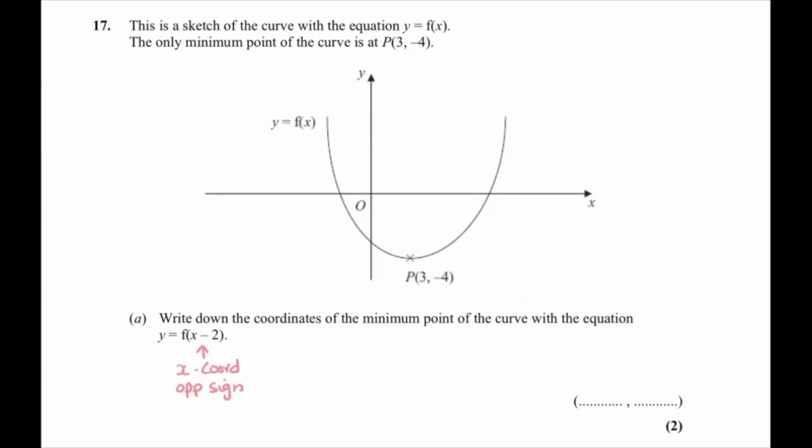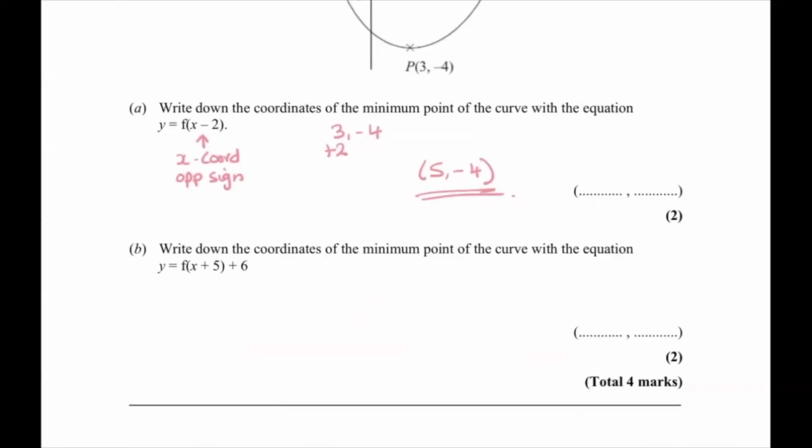So the coordinate was 3, -4. I'm going to be adding 2 to the x coordinate, and that is going to give me the answer 5, -4.